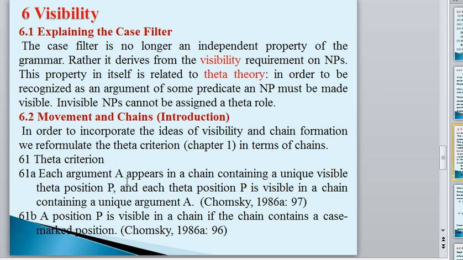Each argument A appears in a chain containing a unique visible theta position P, and each theta position P is visible in a chain containing a unique argument A. And the second one, a position P is visible in a chain if the chain contains a case marked position. This is the theta criterion as discussed by Chomsky.